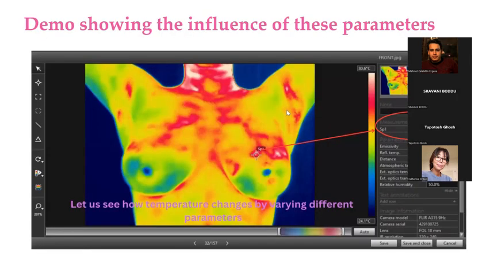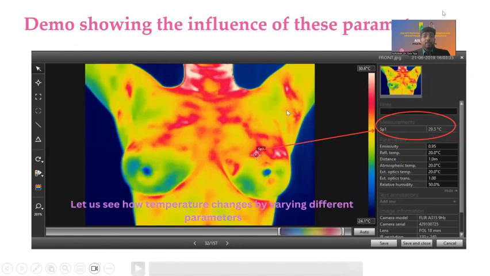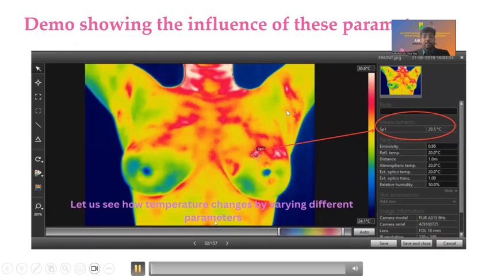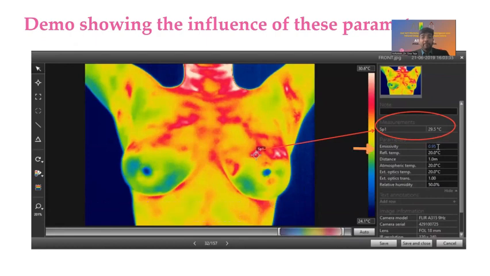So let's see a demo of how these values could really impact the temperature values of what we are measuring. This is a thermal image, and we are tracking the pixel temperature at this point. This is captured with the default camera settings, which has an emissivity of 0.95.